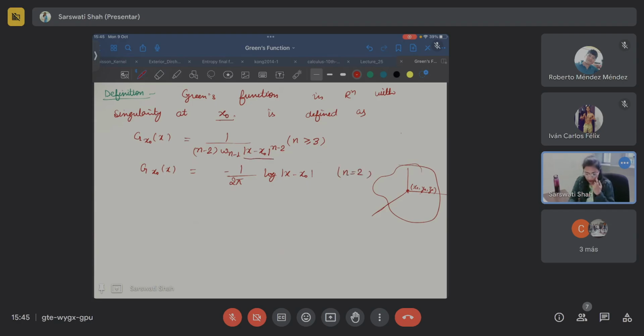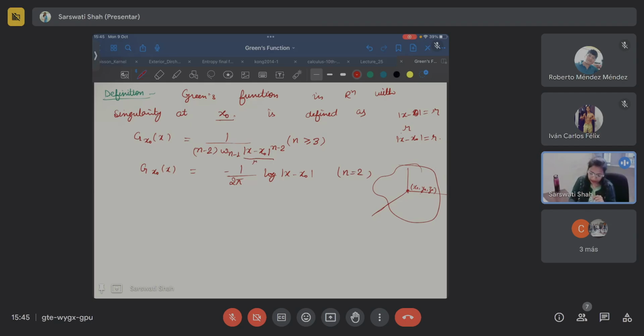So here I was keeping R because we know that when we have center at 0, then the equation of the ball is going to be modulus of x minus 0 equals R. In the same way, if we have a center of that ball at x naught, then the equation of the ball is going to be modulus of x minus x naught equals R. So it is up to you.